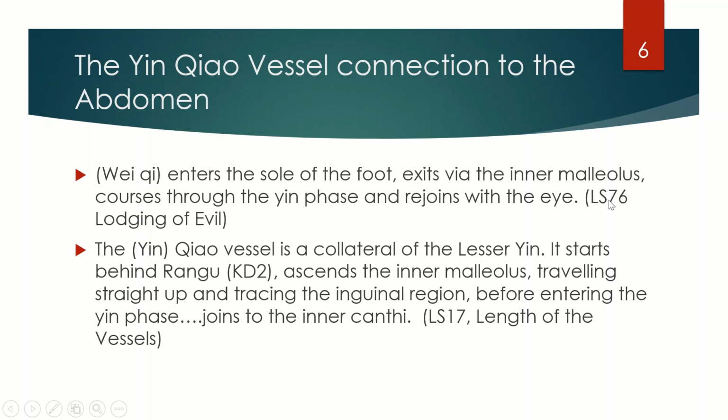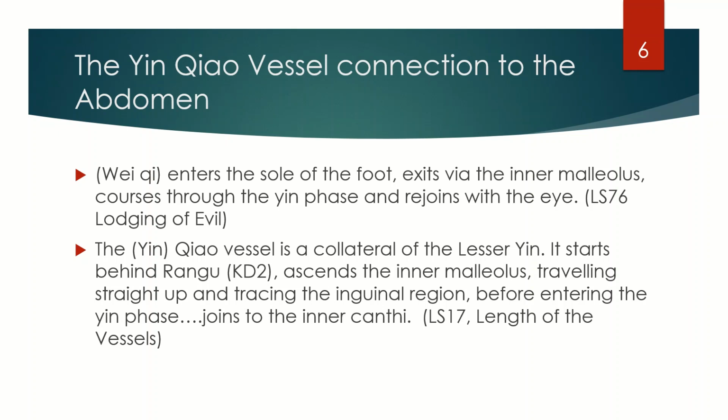So all told, though it doesn't really mention it explicitly, it seems pretty clear that somehow this Yin Qiao is responsible for being the conduit of Wei Qi as it passes from the Yang phase, sort of the outside of the body, into the Yin phase. And so the question is, how does it do that?